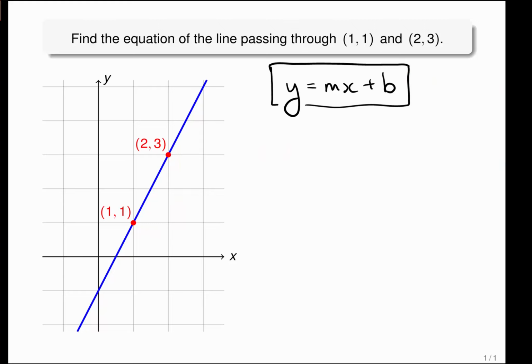Now, with the algebraic method, you should always find the gradient first. So let's do that now. As we know, the gradient m is defined to be the ratio rise over run. Now, if I call one of the points (x1, y1) and the other point (x2, y2), then we can observe that the run is simply this distance subtract off this distance, which is just x2 minus x1.